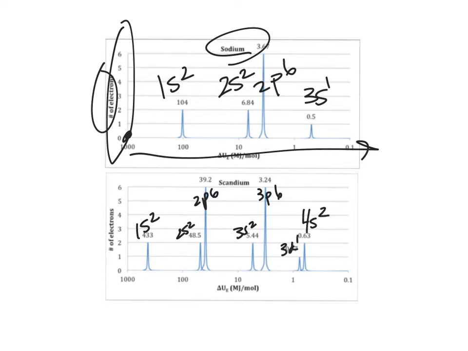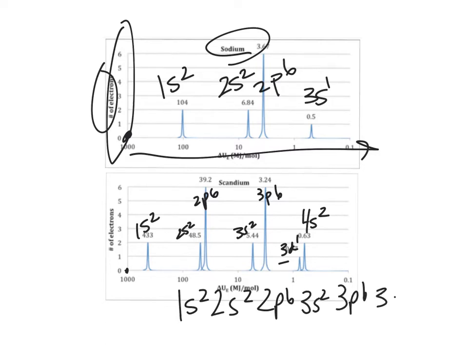Well, it's your 3d1. Why is it first? Well, even though it's filled after, 3d is a little bit closer to the nucleus. So if you look, that's why we have that little peak ahead. Now when you write your electron configuration, you can write it in order like this, even though that's not commonly how we do it.